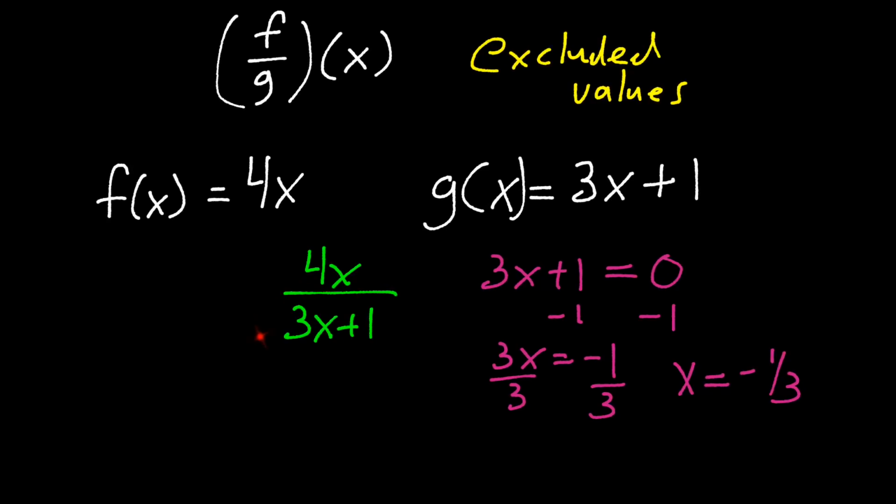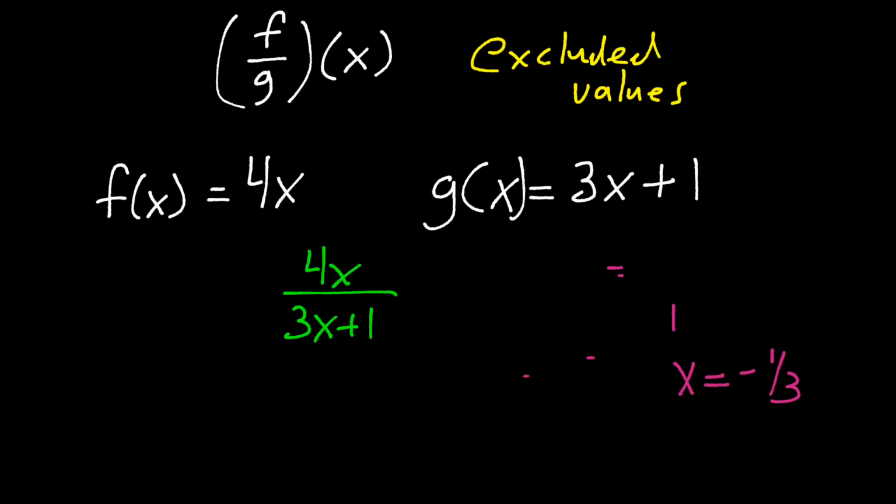If x is negative 1/3, this denominator is going to become 0. It doesn't matter what happens to the top. If the denominator becomes 0, it's terrible. So we have to add in this excluded value. And here's how we do it. Let me erase this real quick. We say that a function of f divided by the function of g of x is 4x over 3x plus 1.